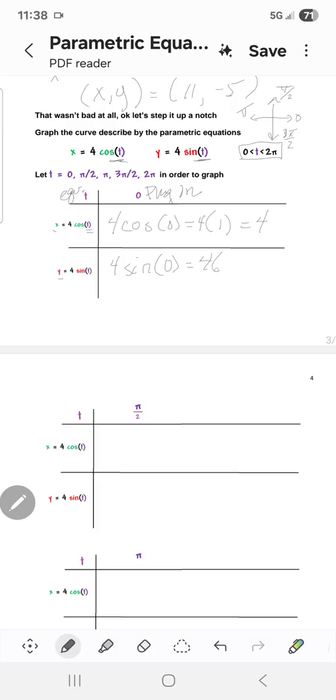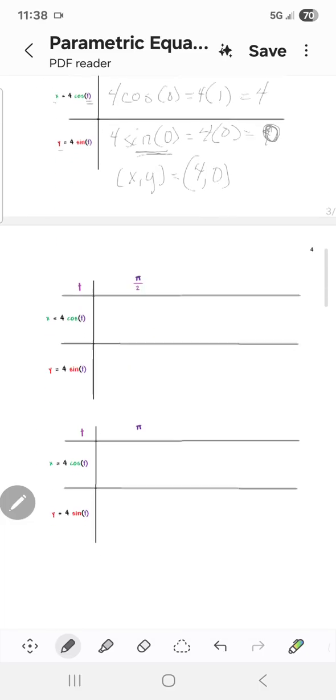So it's 4 times, again thinking about the unit circle, sine of 0 radians, that's the y in the ordered pair. On the unit circle, that would be a 0. So that means my ordered pair for this one, when I plug in 0, is 4, 0.